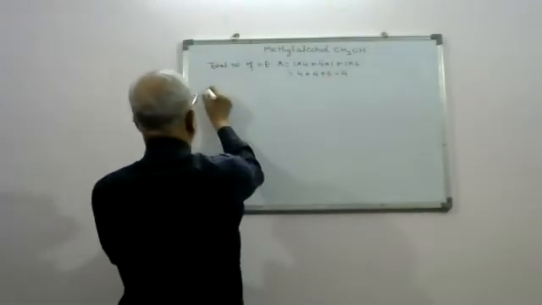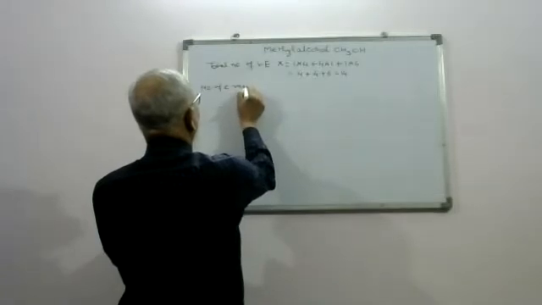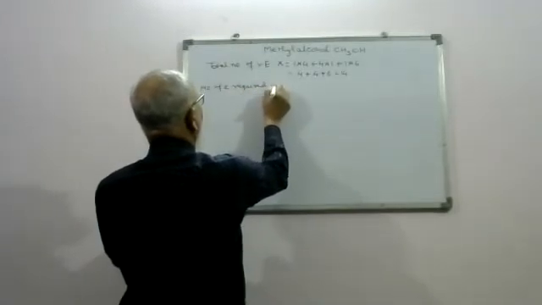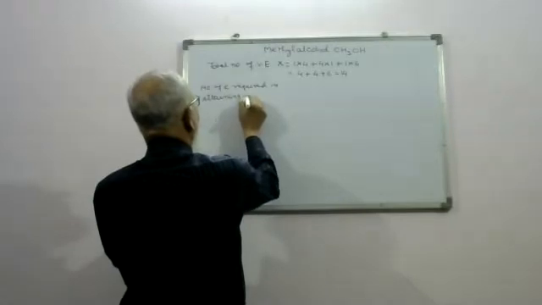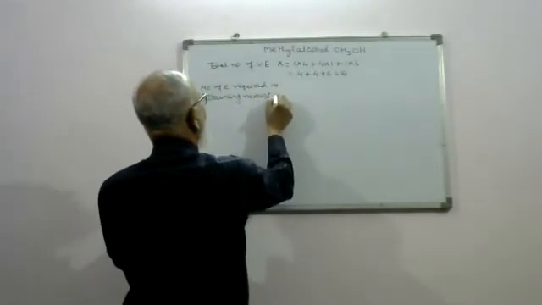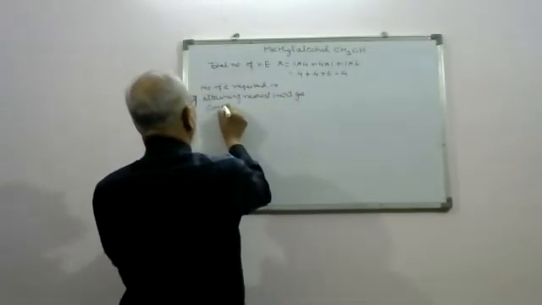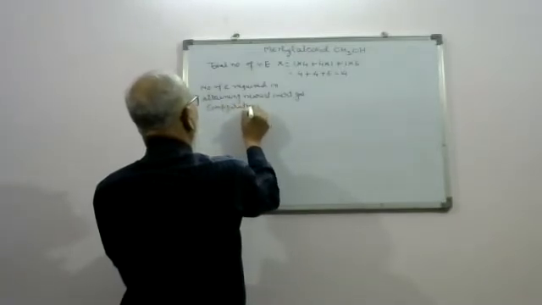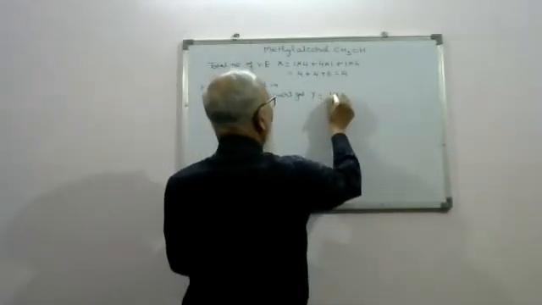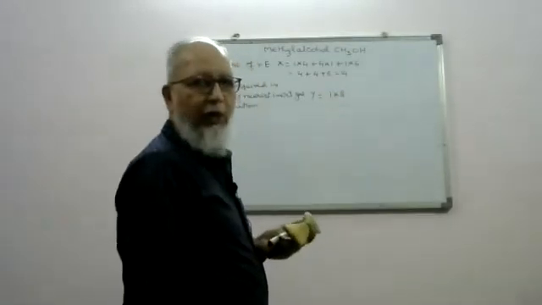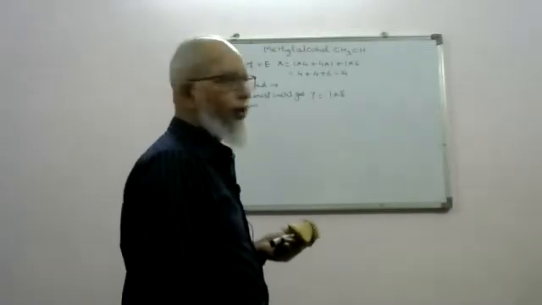Then we shall calculate the number of electrons required in attaining the nearest inert gas configuration, that is Y. 1 into 8 for carbon, there are 4 hydrogen atoms, and the nearest inert gas for hydrogen is helium, which has 2 electrons in its valence shell.